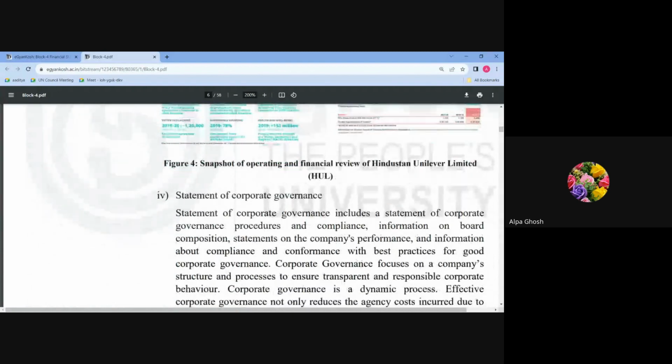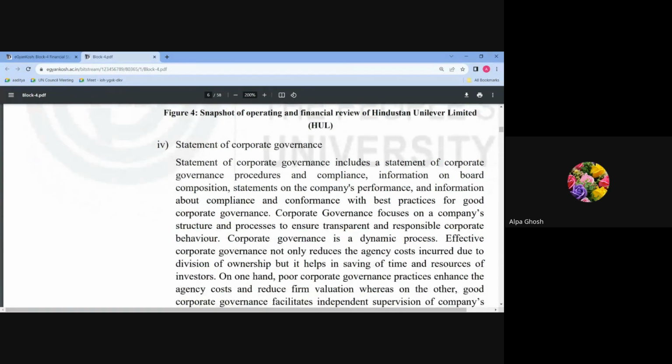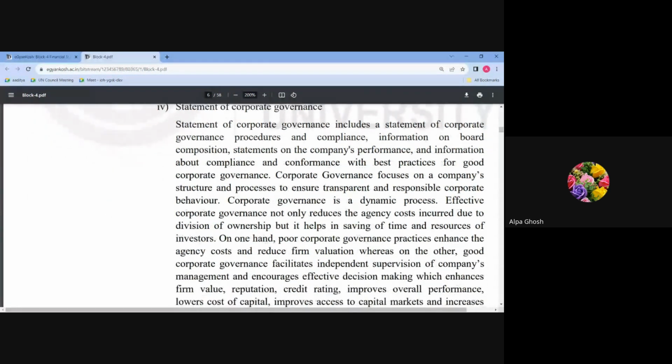Corporate governance: how effectively and efficiently, and to what extent, they have offered their corporate social responsibility, because CSR is something they have to comply with according to the Companies Act. What are the best practices the company offers as good corporate governance? They have to be very transparent about all the activities. There should not be any game of hide and seek.